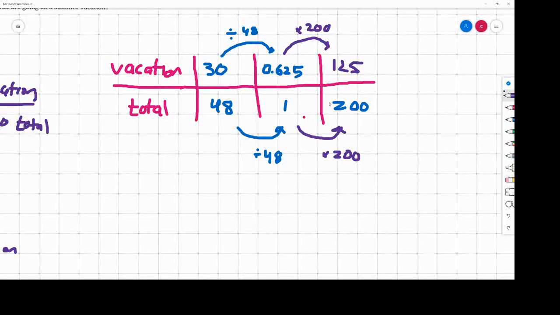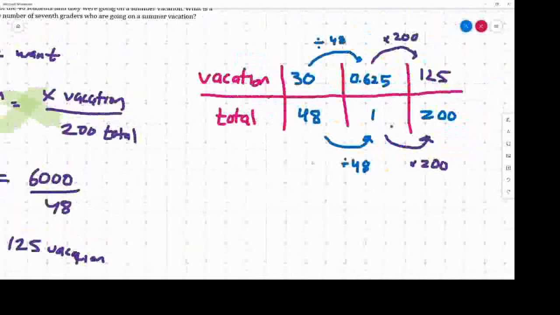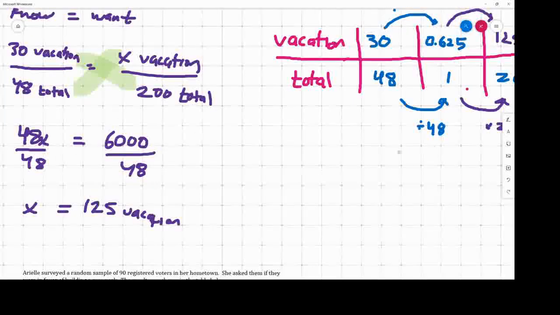All right, so out of the 200 students total, it's expected that 125 students are going to go on vacation. All right, and that's the same thing that we got over here. So we get the same answer.